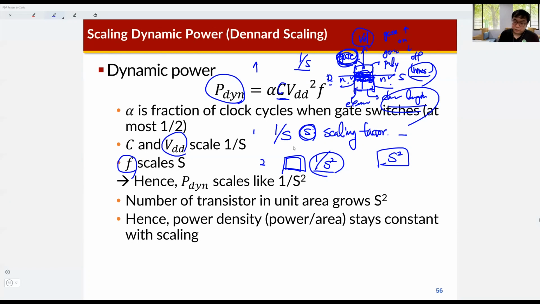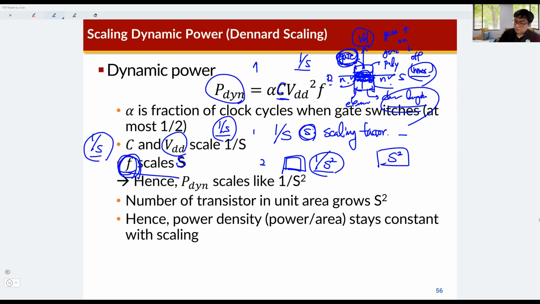Okay, so if we reduce this channel length, then C is also reduced by 1 over S. Also, if the channel length is reduced, then we can reduce the supply voltage as 1 over S. Okay, and then the distance is reduced, then we can increase the speed by S. So that means we can increase the frequency as S.